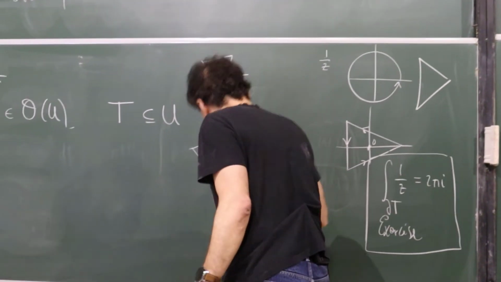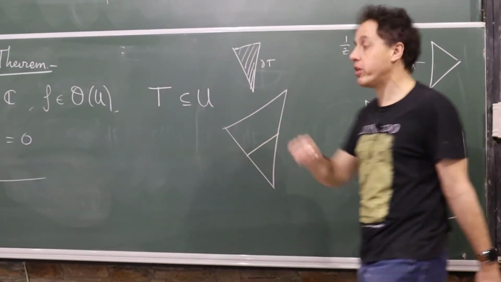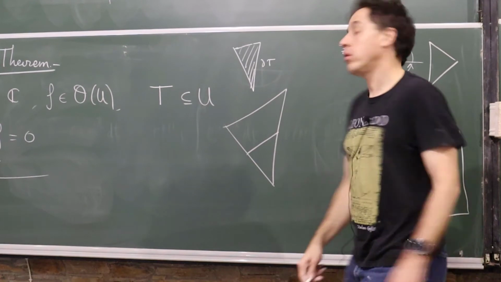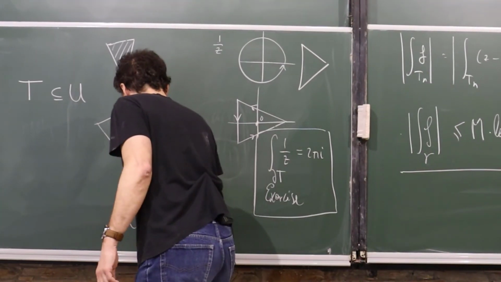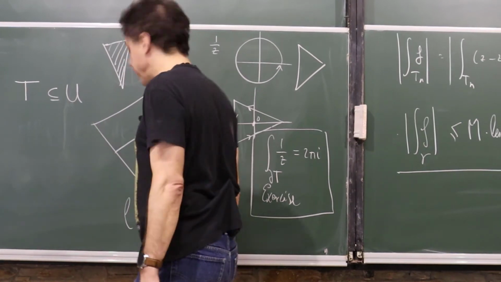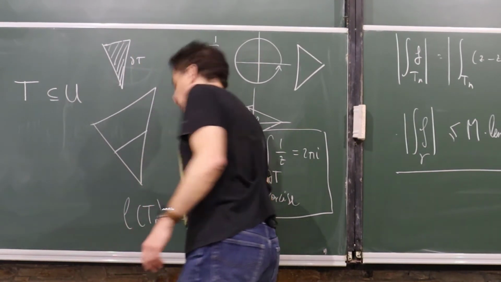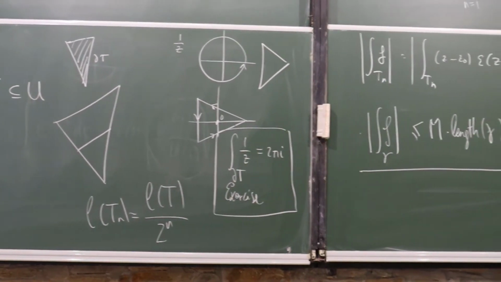And the length of this triangle, when you pass from one triangle to one of these smaller triangles, is divided by 2. So the length of Tn is the length of T divided by 2 to the n. It's a square here.